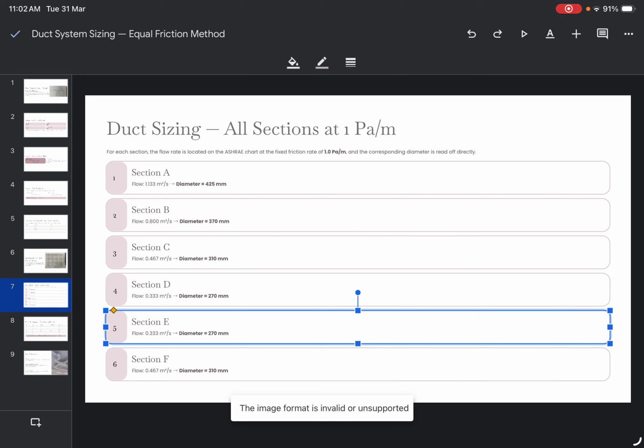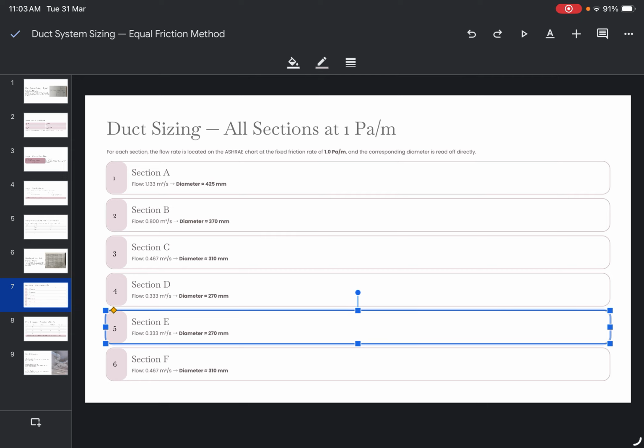The friction rate is the one calculated in section A, which was found to be 1 pascal per meter. So we are keeping the friction rate as 1 pascal per meter in all the sections. Then what would change in sections B, C, D, E and F? Friction rate is the same, but what would change is the flow rate.